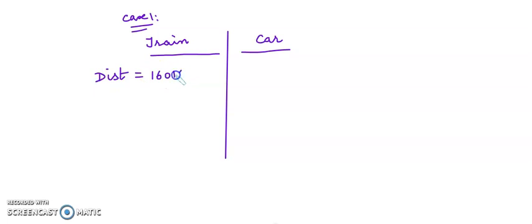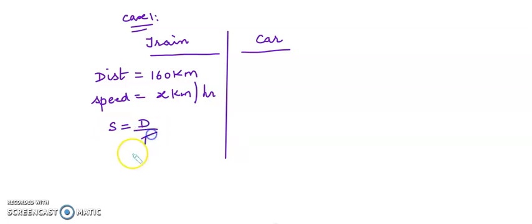160 kilometers. We know that the speed is x kilometer per hour. Okay, so can we say speed is equal to distance upon time? So time is equal to distance upon speed, which is, yes, 160 upon x.